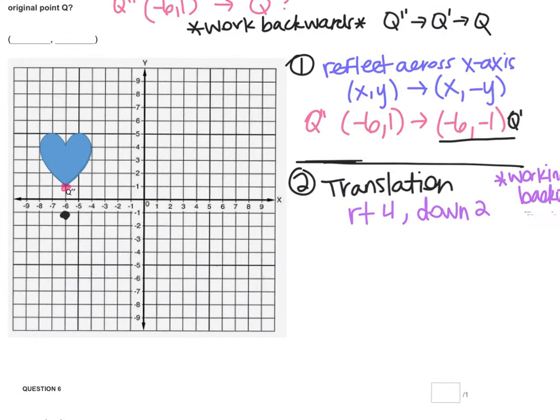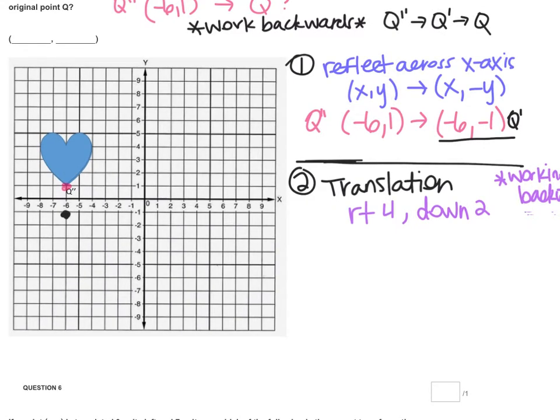Okay, so what's going to happen? If you want to use the rule for vector translations, we could say 4, -2. All right, and then if you use this in XY format, x comma y, you are going to go x plus 4, y minus 2, okay?